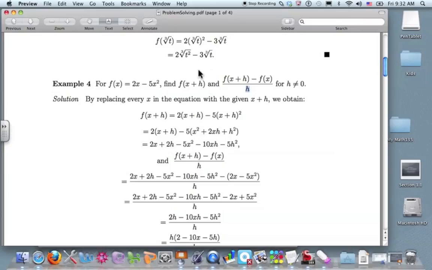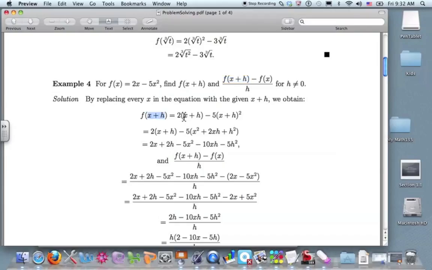In order to evaluate this formula, we first need to evaluate f of x plus h. Since f of x is given by 2x minus 5x squared, we replace both x's by x plus h.